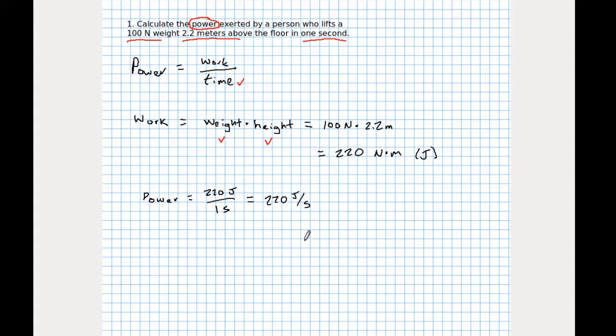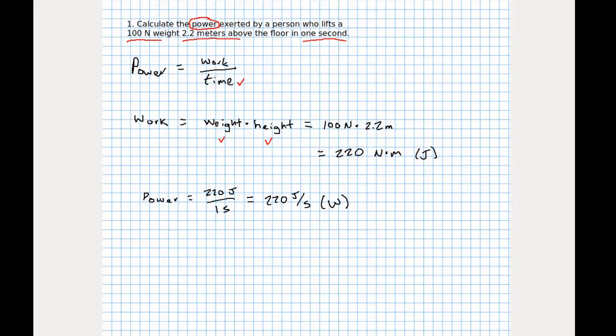So you have to use 220 joules per second in order to lift that object up in 1 second. That particular combination of units, joules per second, also has a shorthand name. It's called the watt, which is abbreviated with a W. So that tells you how quickly you're using energy in order to lift that 100 Newton weight, 2.2 meters above the floor, in 1 second.